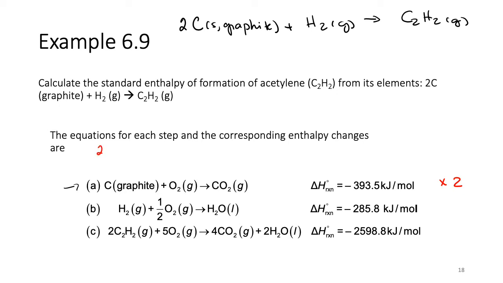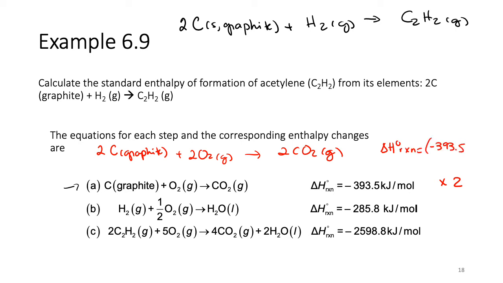So I'm going to rewrite that in red. So I have 2 carbon, graphite, plus 2 oxygens, gas, make 2 CO2s, gas. I multiplied my equation by 2. My delta H naught of reaction is going to be negative 393.5 times 2.